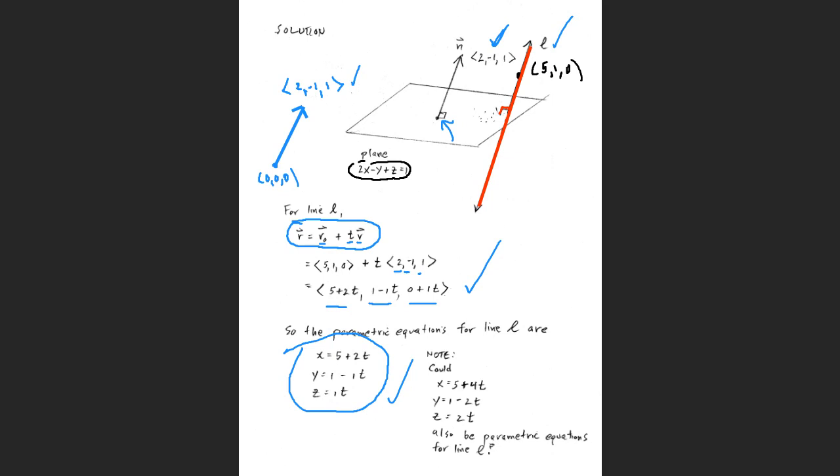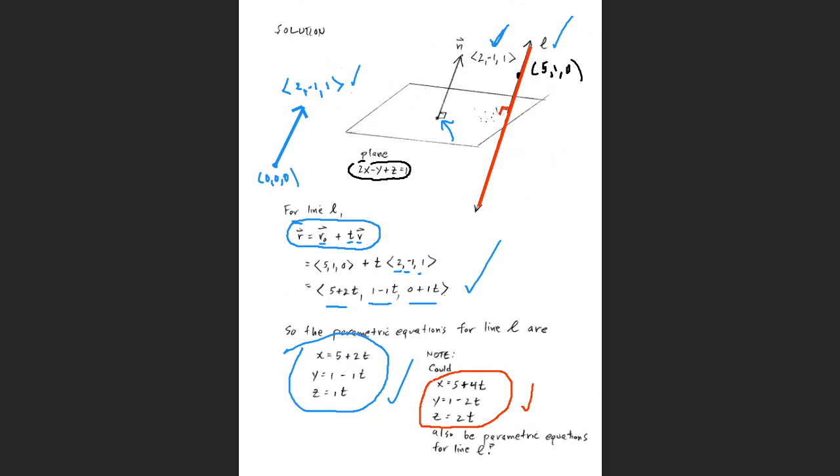All right. Let me ask you this: could these three parametric equations, x equals 5 plus 4t, y equals 1 minus 2t, and z equals 2t, also be parametric equations for the line? They could. That's right, Lexi.